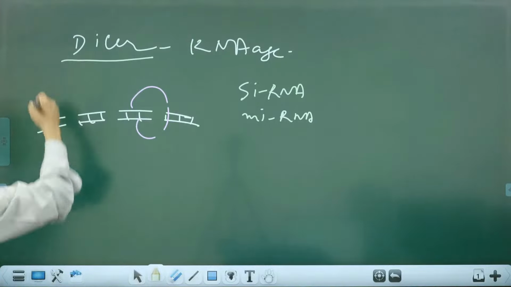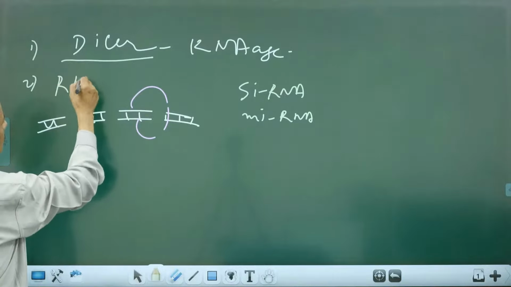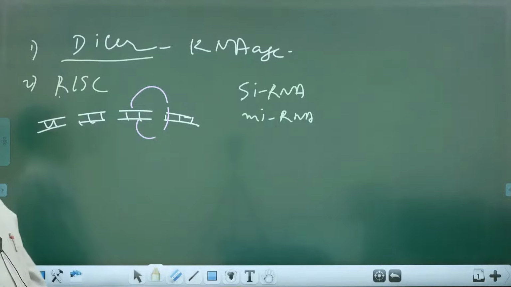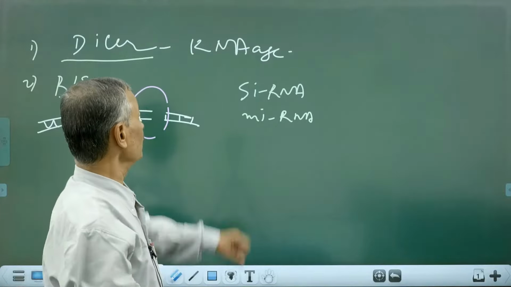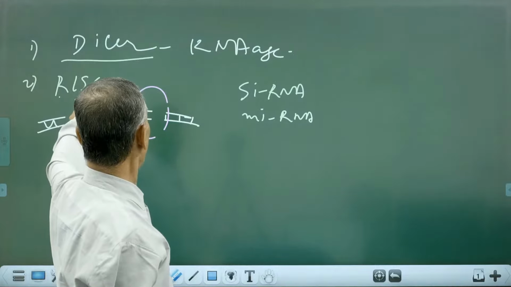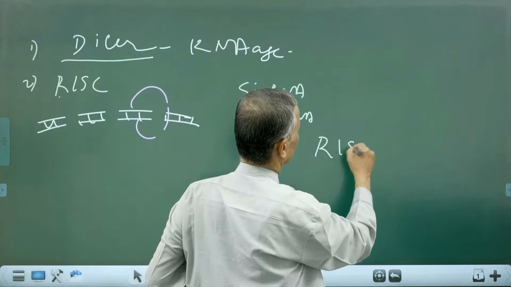Second is the RISC protein, RNA-induced silencing complex, RISC. These siRNAs will be forming a complex with the RISC to form a RISC complex.